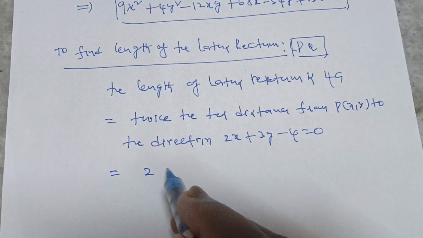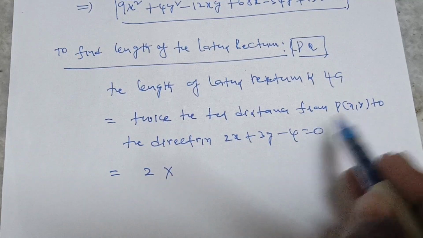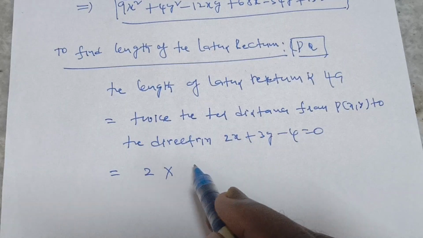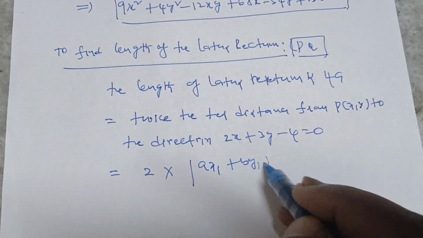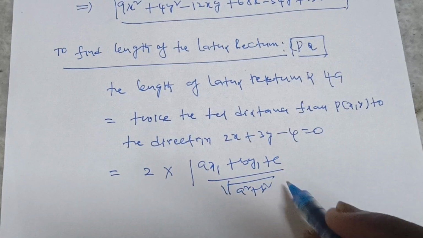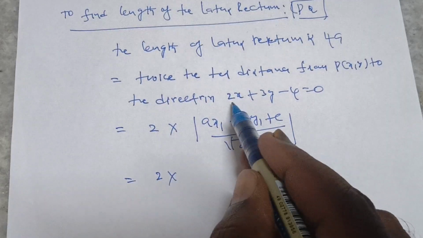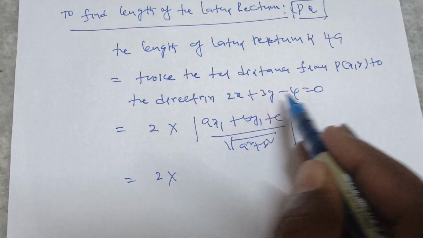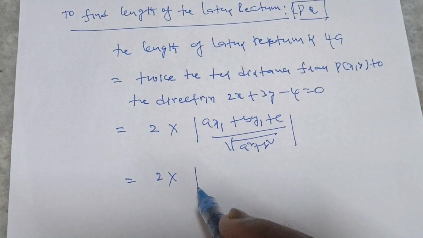So that is twice the perpendicular distance from the point to this line. We have the formula: modulus of ax1 plus by1 plus c, divided by root over a square plus b square. Now here a is 2, b is 3, c is minus 4, and x1, y1 is this point.